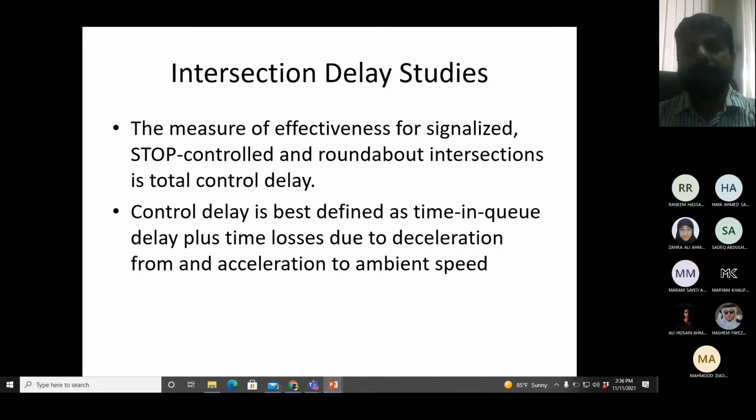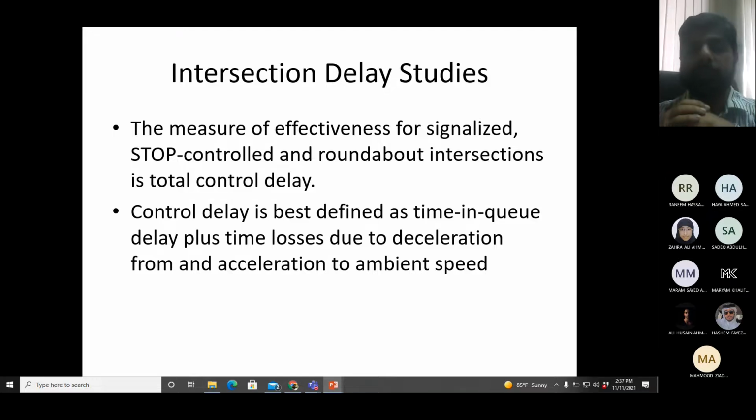Control delay comprises three things. There are three components or three parts of control delay. First, time in queue delay. So when you reach the intersection, the signal was red, you had to wait near the stop line. That is your time in queue delay. When you cross the stop line, time in queue delay ended. Or you came to the intersection, there were already three cars in front of you, you waited behind these cars.